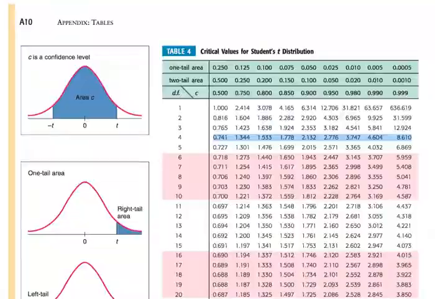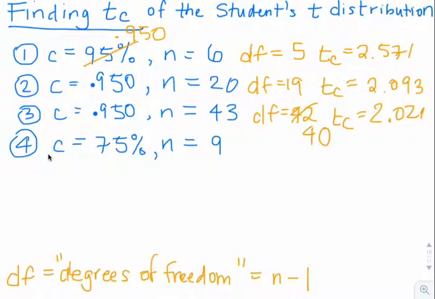Okay, let's look at our last example here. We have a 75% confidence level, so that will be what decimal? 0.750. And our degree of freedom is 1 fewer than the sample size, so that is 8. Now we want to see what our t sub c would be in this case.